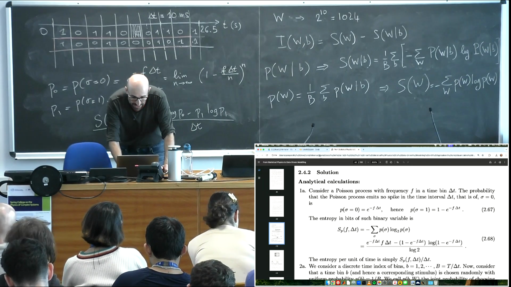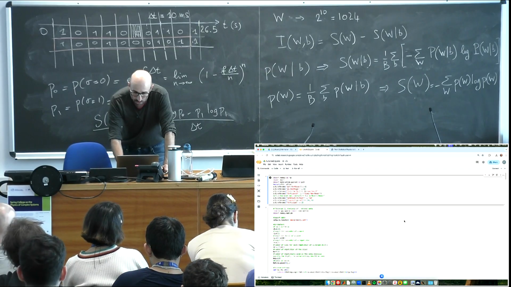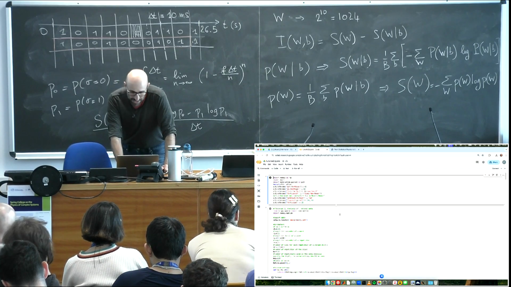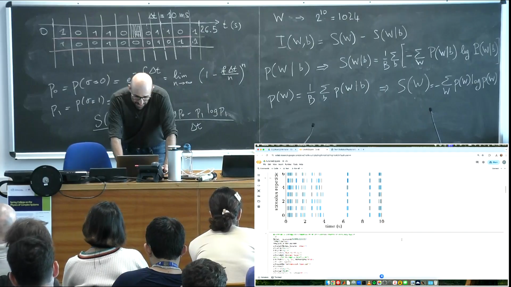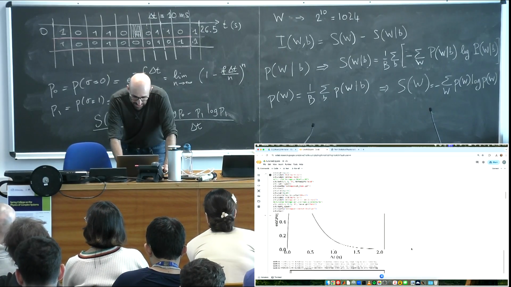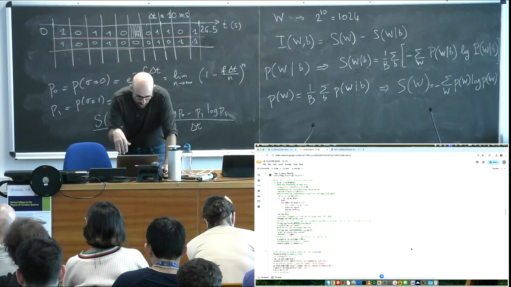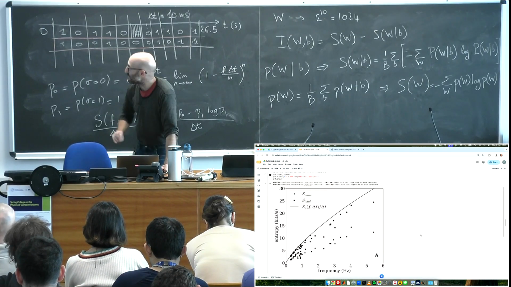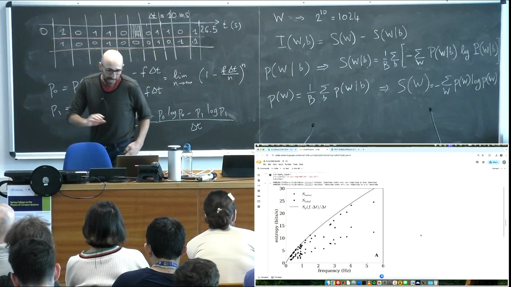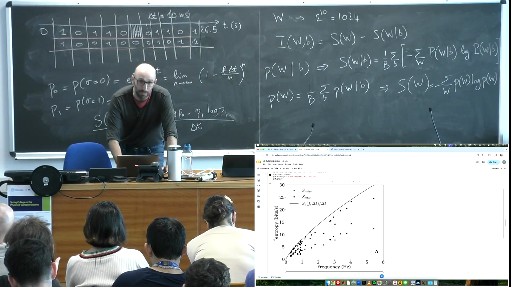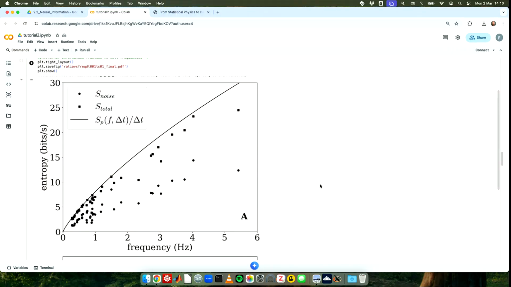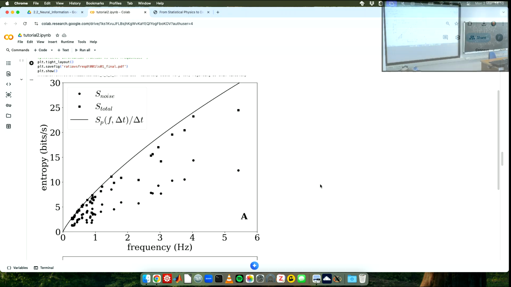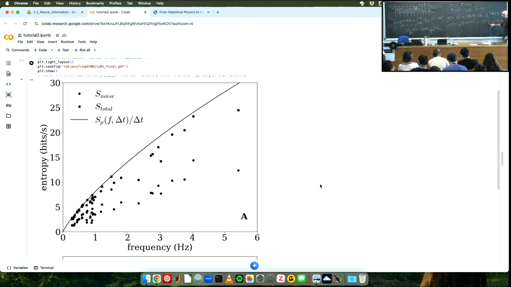Okay, so then you can take this notebook that you have in the drive folder. You can take the data and do these calculations. And what you see is what I was showing before: here I'm plotting the entropy per unit time, so this quantity, and you divide by 100 milliseconds, which is the length of the word.